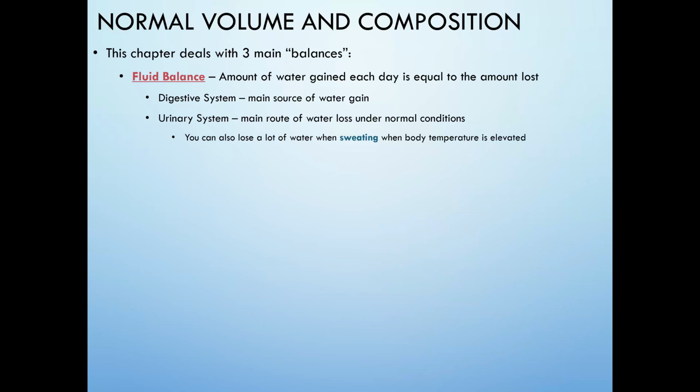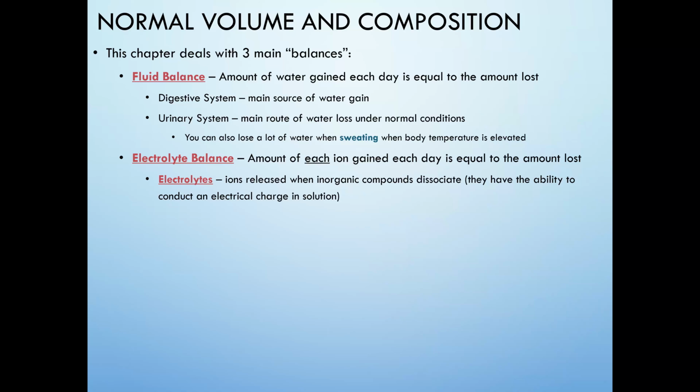Electrolyte balance is when the amount of each ion gained each day is equal to the amount lost. Electrolytes are ions released when inorganic compounds dissociate. They're called electrolytes because they have the ability to conduct an electrical charge in a solution. We've been talking about these since the beginning of A&P.